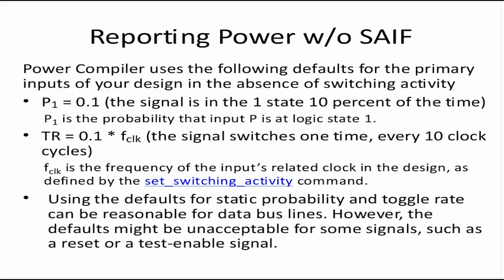Such toggle rate values might not be good for the signal. So you should be careful about some signals which might be static for a long amount of time, or some signals which might have a greater activity in them. Otherwise these defaults are good for the maximum number of data signals.